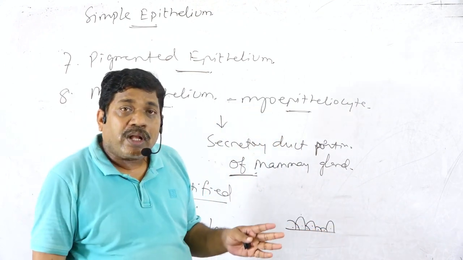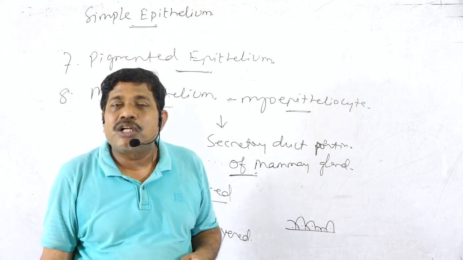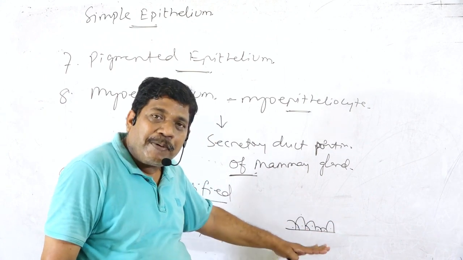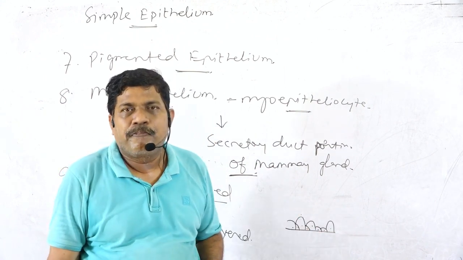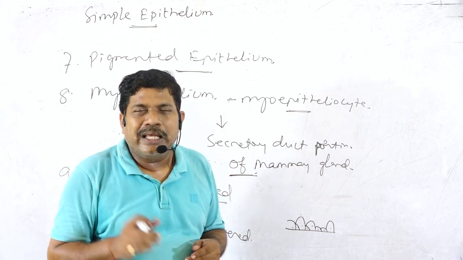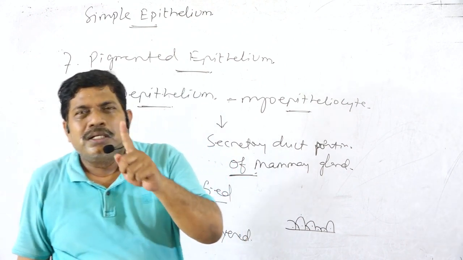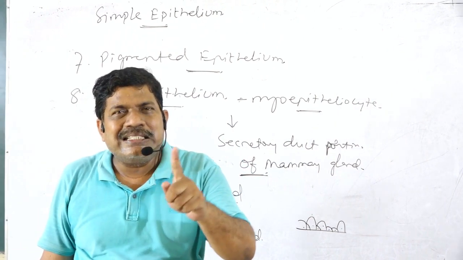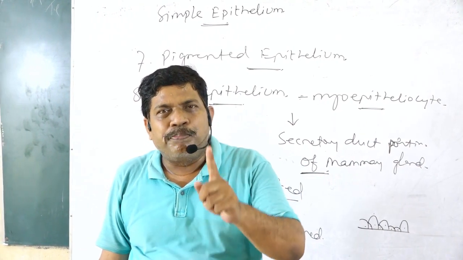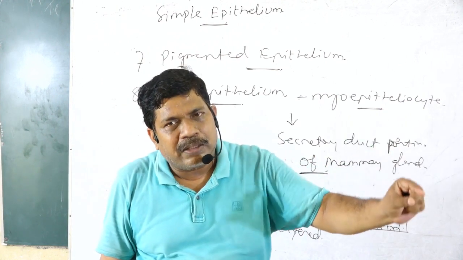But how then do we confirm that it is a single or simple epithelium? Since all the cells rest upon the non-cellular basement membrane. We have already discussed in its characteristic features that when the cells are arranged in a single layer, it is called simple epithelium, and in simple epithelium all the cells rest upon the non-cellular basement membrane.